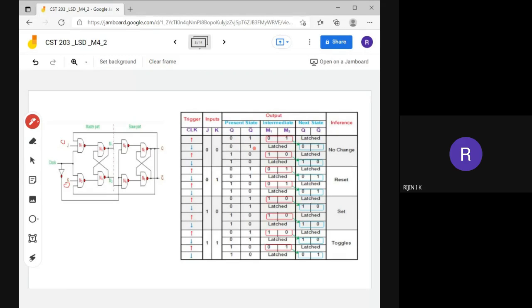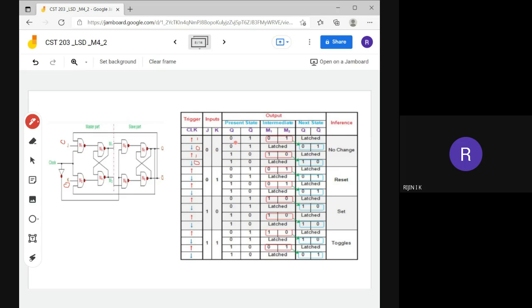Two situations will come: the situation when clock pulse is 1, and the situation when clock pulse is 0. Similarly, present state 1, then Q bar will be 0. In that state too, this row corresponds to clock pulse 1 and this one corresponds to 0. So what happens in such situations?